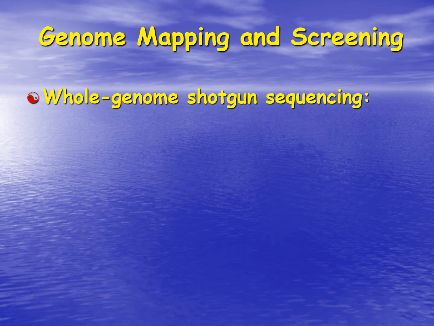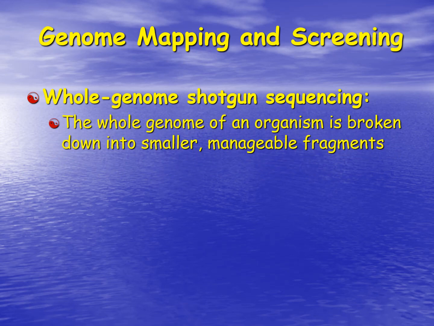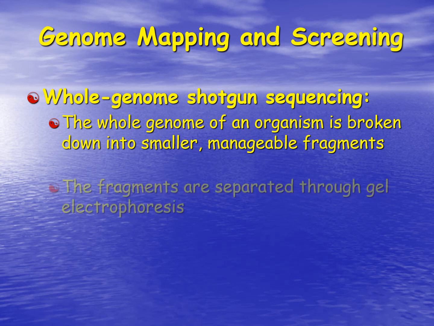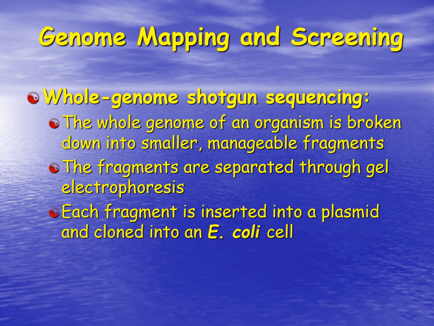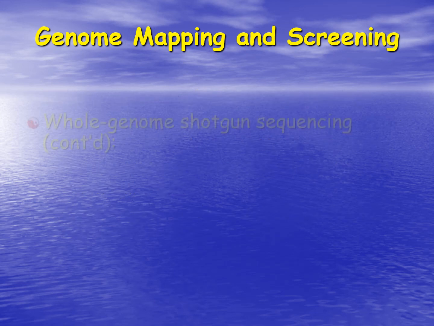How we do genomic mapping sometimes is through whole genome shotgun sequencing. The whole genome of an organism is broken down into smaller manageable fragments, usually by, again, these endonucleases. The fragments are then separated through gel electrophoresis, and each fragment is inserted into a plasmid and cloned in a bacterial cell, primarily E. coli.